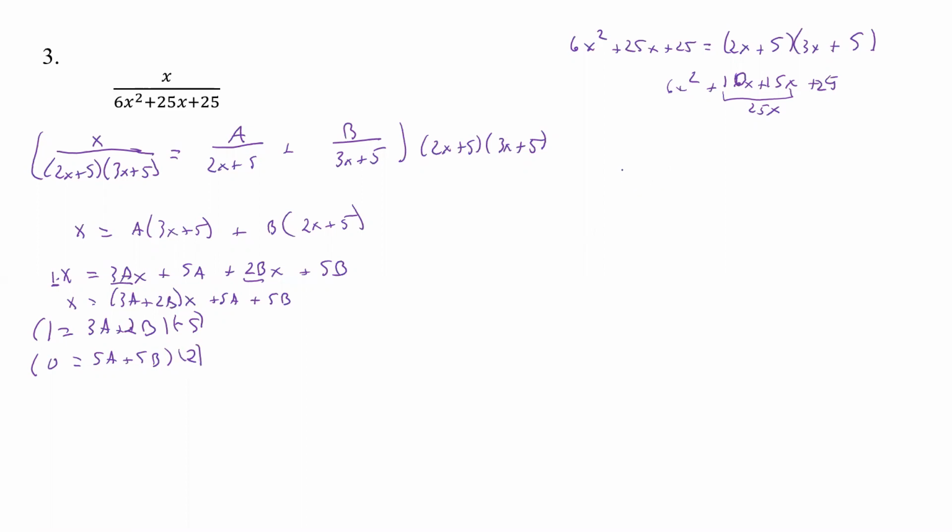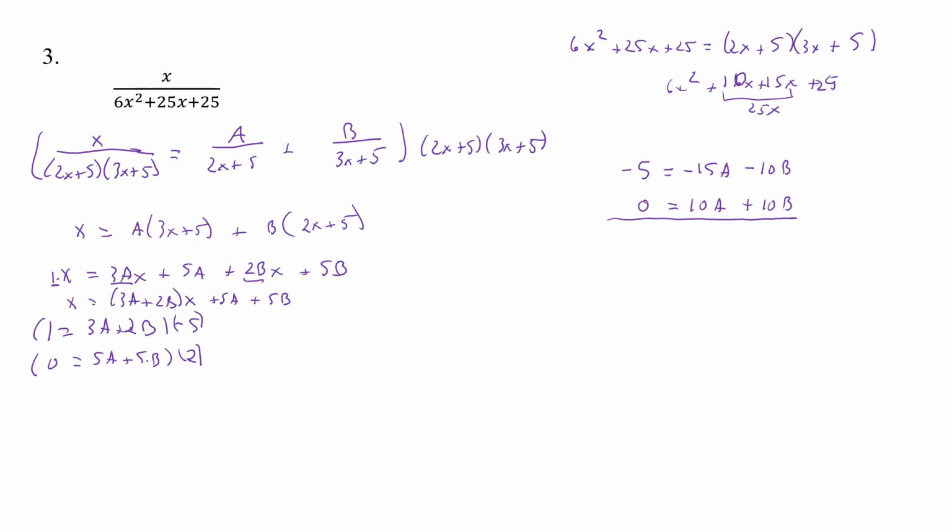So -5 times 1 is -5. -5 times 3 is -15a. And -5 times 2 is going to be a -10b. Here we're going to have 2 times 0 is 0. 2 times 5 is 10a. And 2 times 5 is 10b.